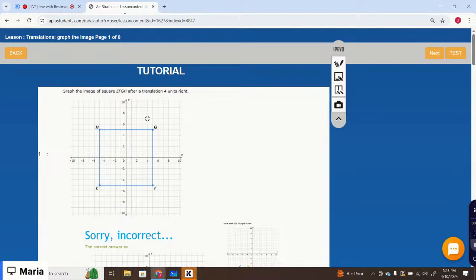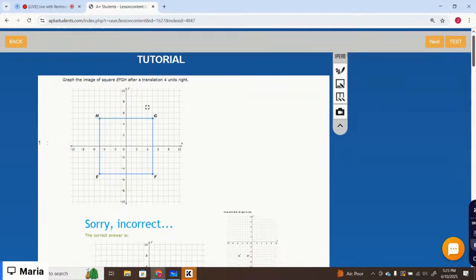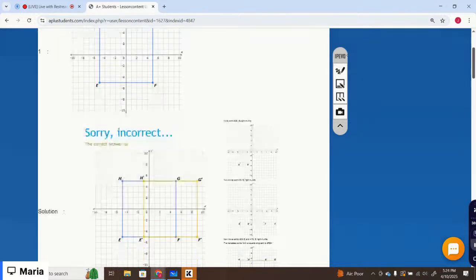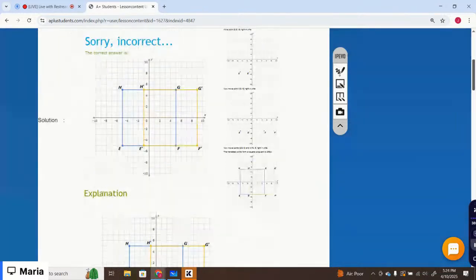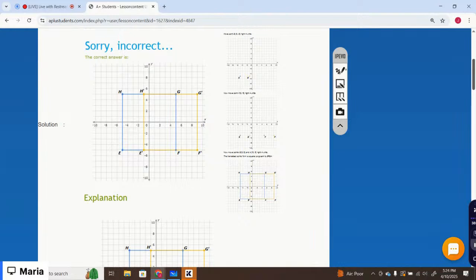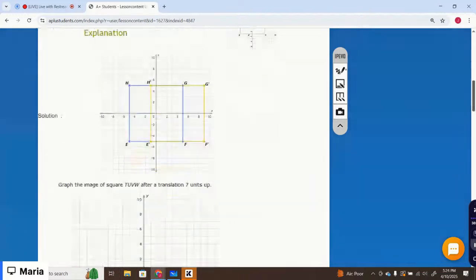So you need to move the image 4 units right. All the points are moved to a new location, so you have to add 4 to all the points.